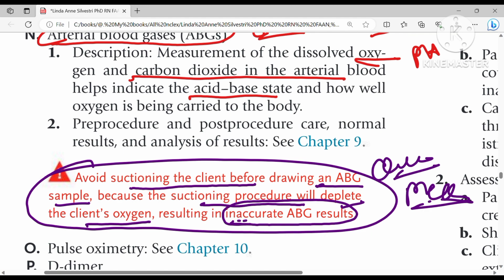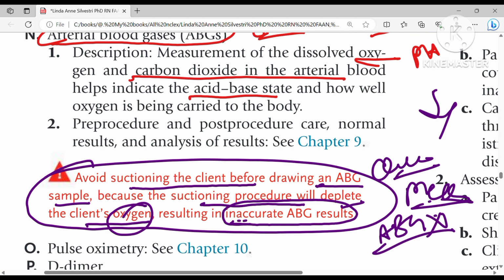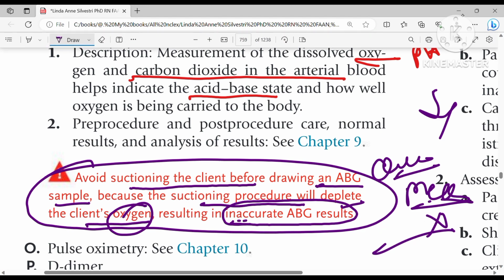So whenever we are going to take an ABG, avoid suctioning. We should not suction the client before drawing the ABG, because it will deplete the client's oxygen. Oxygen will be less in the blood, so an accurate ABG will not come. It will be a false ABG.